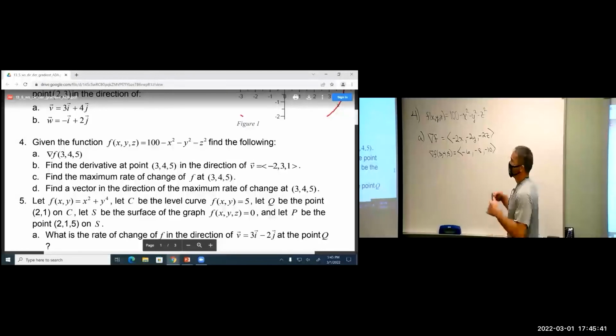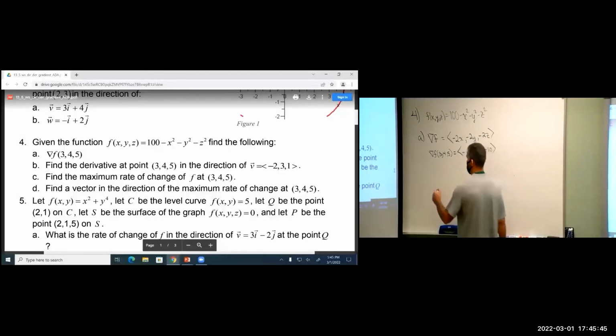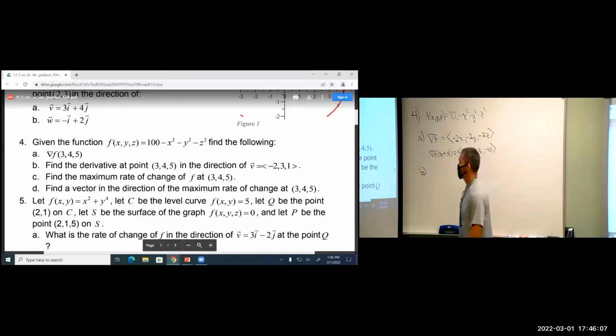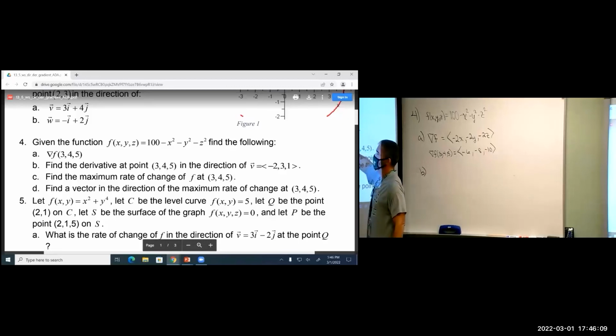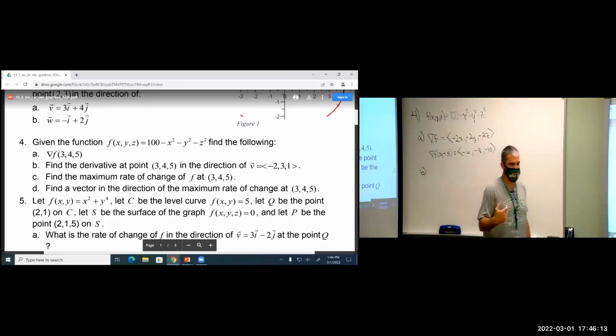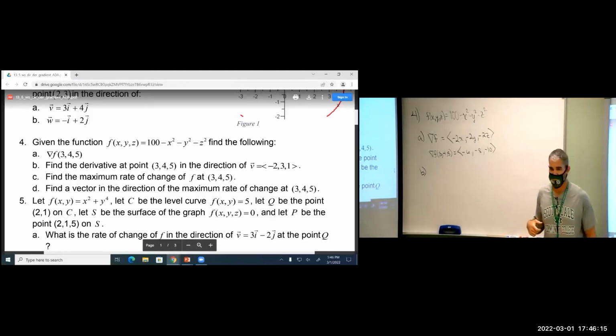Okay, B wants a directional derivative in the direction of V. Now, we are going to take a dot product. We've already done part of the work for this, but what do we need to do before we take the dot product? The vector V, because remember, we want to preserve the direction but get rid of the magnitude.